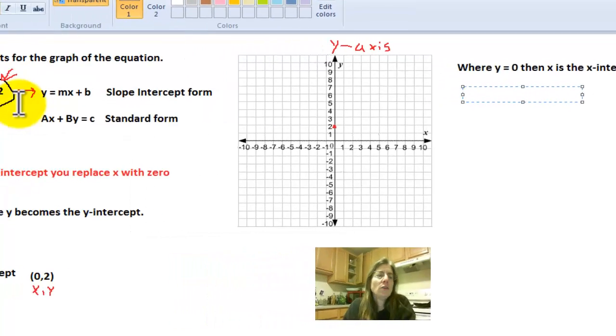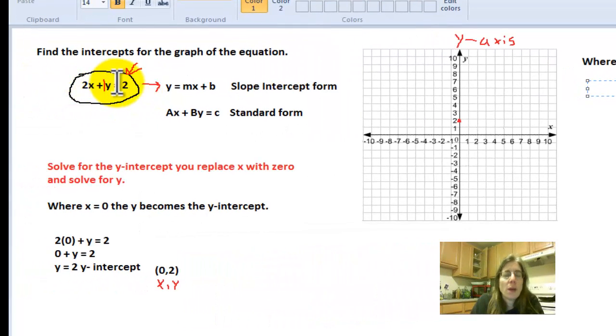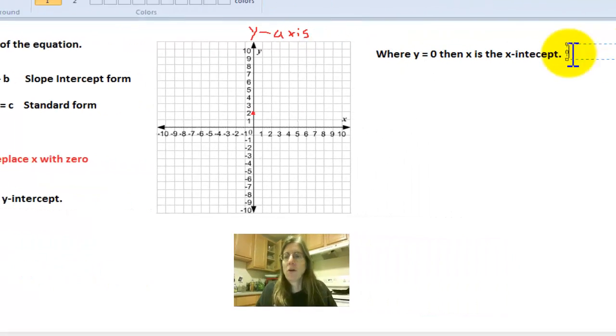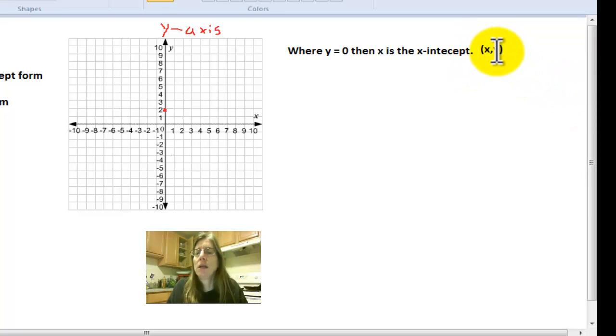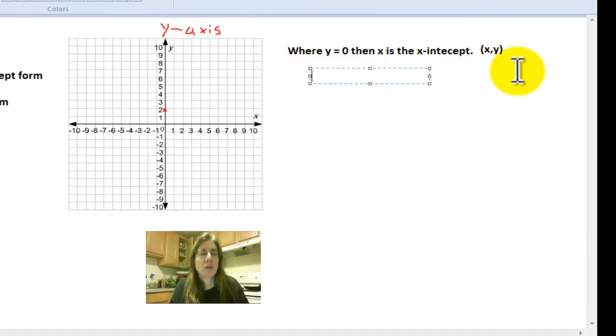We can continue to use it in standard format. When this y coordinate is equal to 0, that forces this x to be the x-intercept, but you use this equation to calculate it.